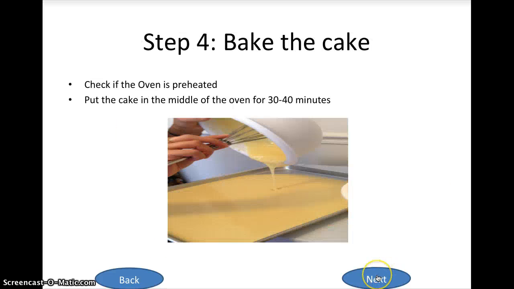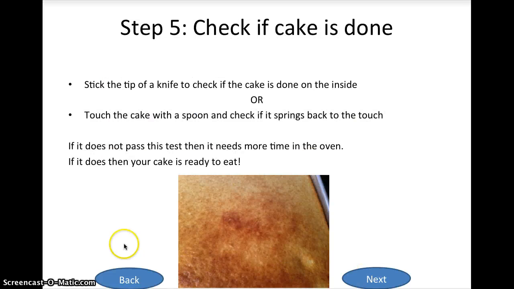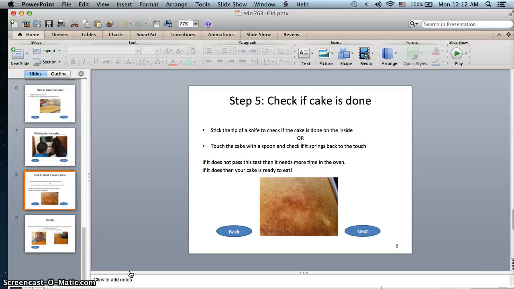So there you go. I give my students a step-by-step breakdown. So try to do that. This is a cute little pic of the kids waiting for the cake to be baked and come out of the oven. So yeah, put images, make it interesting. Make it as interesting as you possibly can make it.